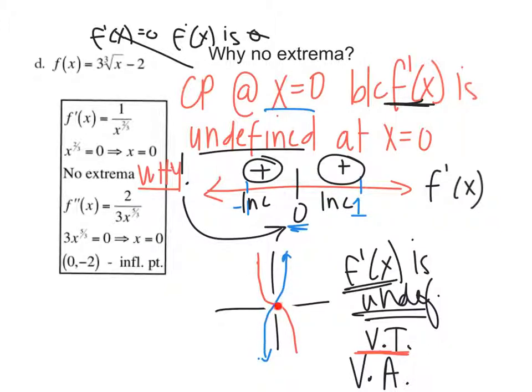And f of x is continuous, so it doesn't have any vertical asymptotes. It means it has a vertical tangent, which is why we didn't have a max or a min.